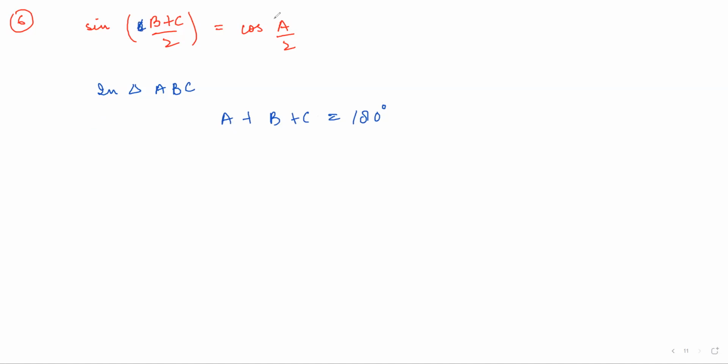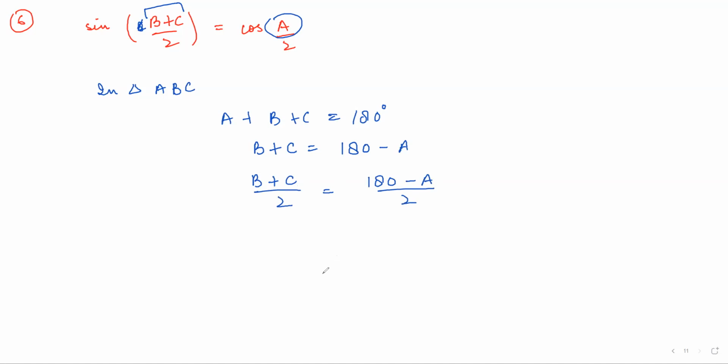Now you can see you have A on the other side and B and C on the same side. So I'll keep B plus C here and I'll bring my A this side, right? Now let me divide both the sides by 2. So can I do this? B plus C divided by 2 is equal to 180 degree minus A divided by 2, right? Yes, ma'am.